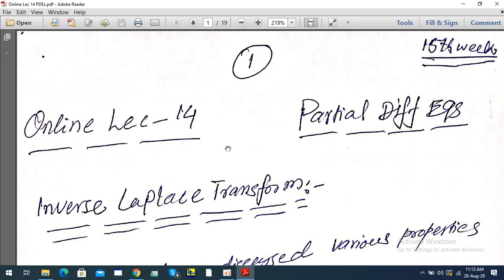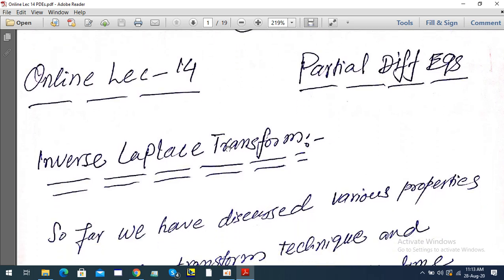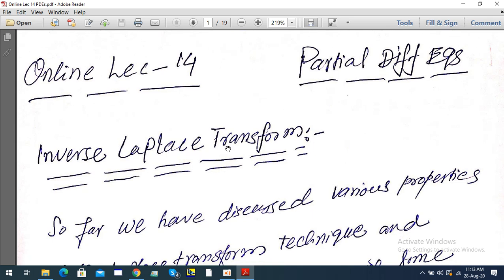So now, of course, if we apply the Laplace transform, just like we apply the log, there should be an antilog to bring the transform variable back to the original variable.